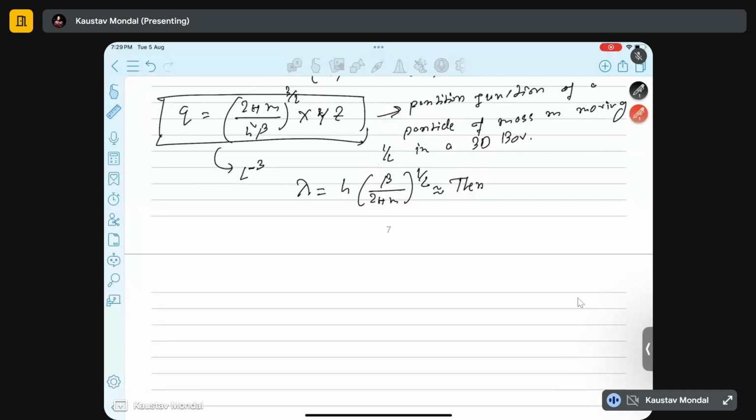This has the dimension of length. So lambda is known as the thermal wavelength.